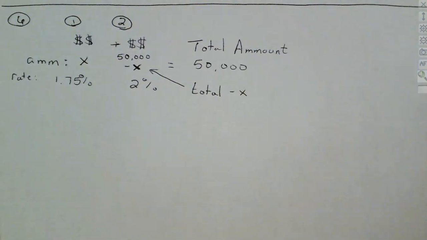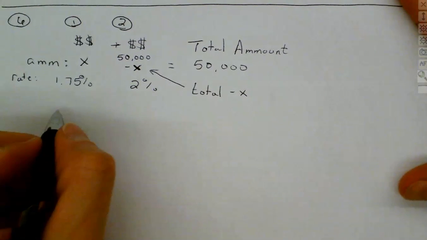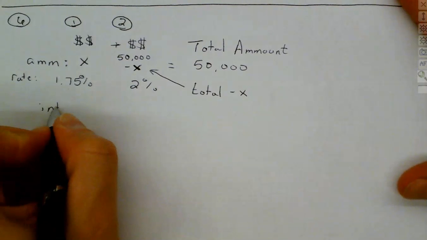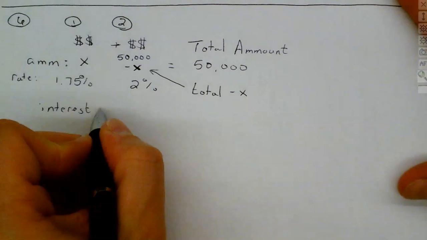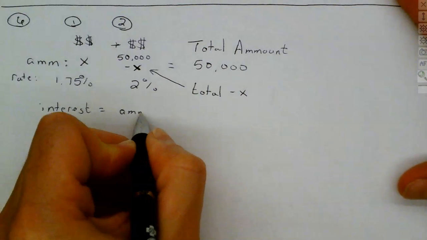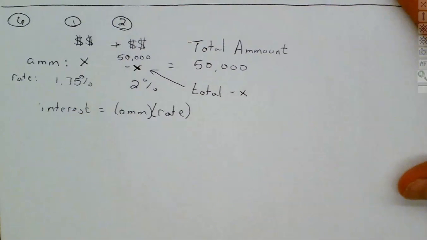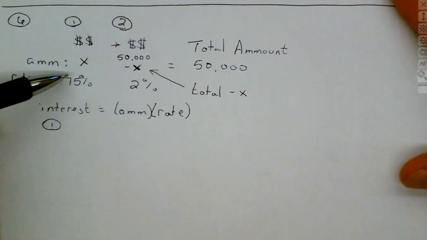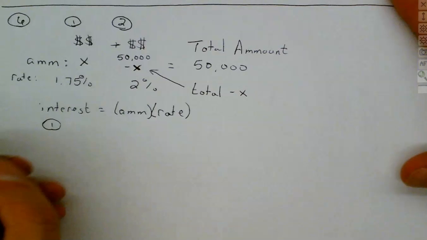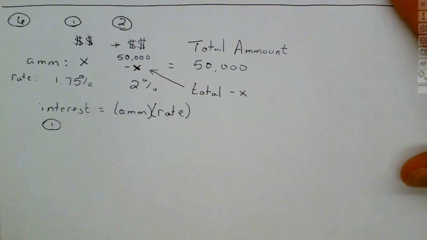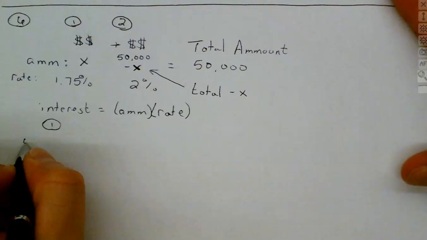Now let's build our equation by looking at the interest. And the interest is the amount, again, times the rate. I'm going to build the equation, and you're going to have to finish it. On the first one, amount times the interest as a decimal. The interest is 1.75%, so be very careful with the decimals.